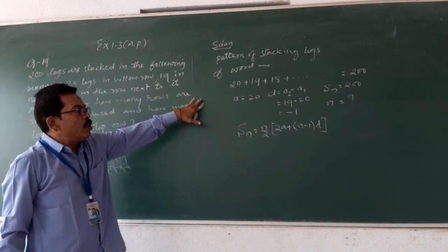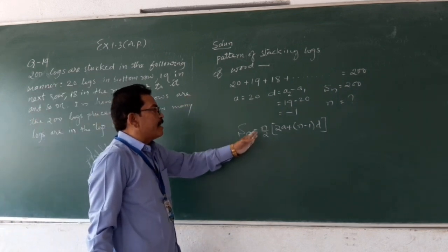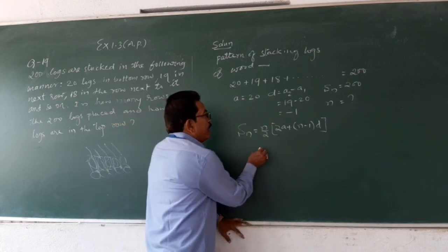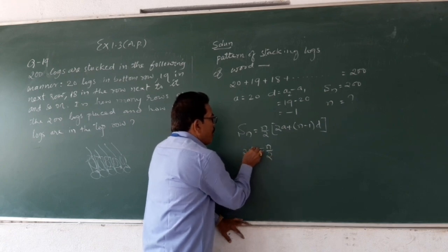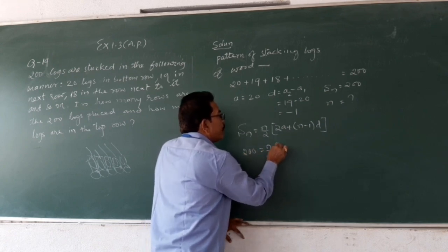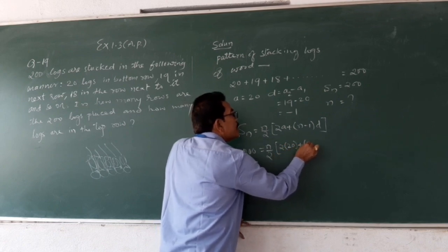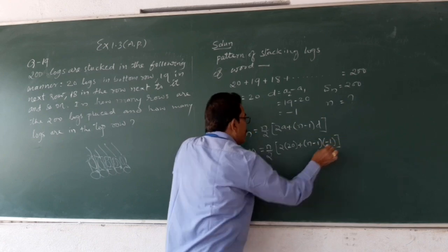So we use Sn equals n by 2 in the big bracket 2a plus n minus 1 into d. N we do not know, Sn is 200. 2a means 40, plus n minus 1 into d, that is minus 1.